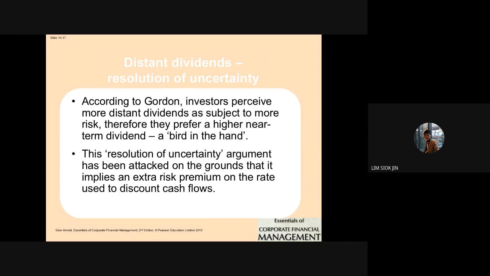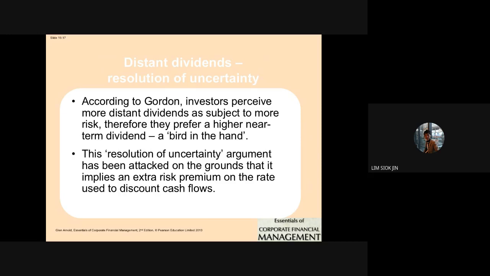So this is how people look at dividends: people prefer current dividends rather than future ones. All right. So this is the resolution of uncertainty. When the dividend is in the future, there is an uncertainty, and it is an argument that has been attacked to the ground that it implies a higher risk on the rate used to discount cash flow.